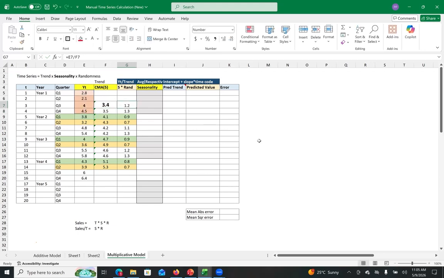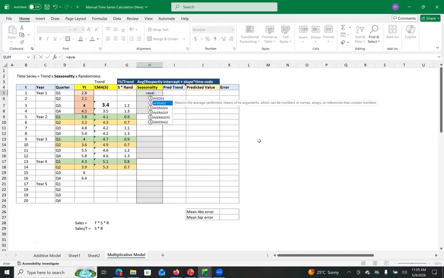Once you have the seasonality multiplied by the randomness component, we will take the average of all the quarter ones, the same thing that we did. We took the average of all the quarter ones. We will take the average of all the quarter twos.